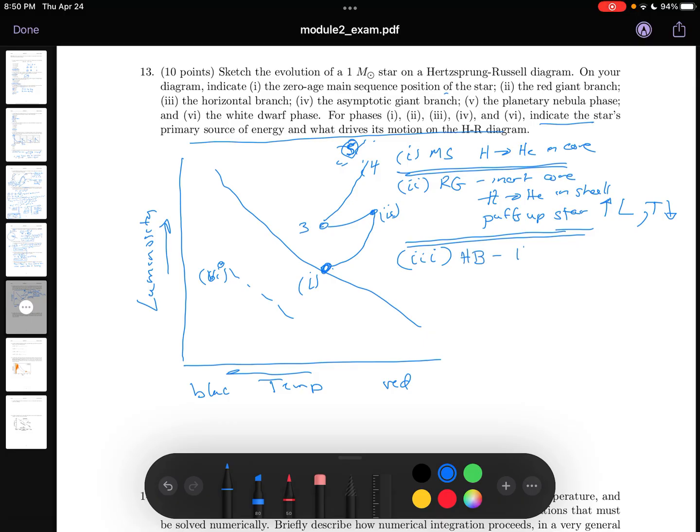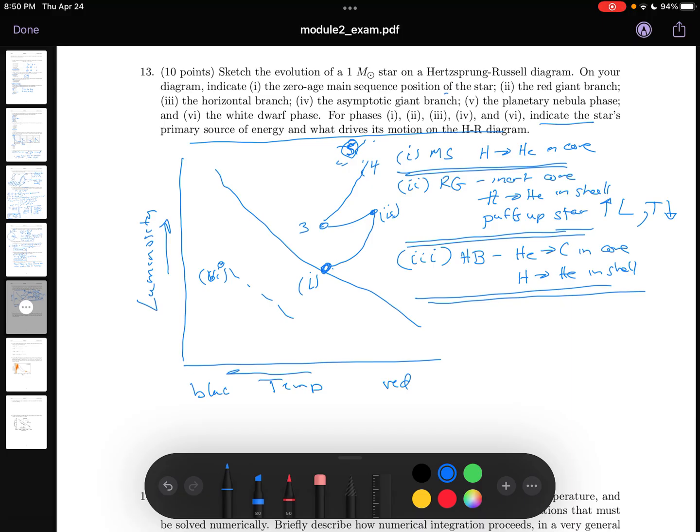So in this case, we have helium going to carbon in the core, and probably still a little shell of hydrogen going to helium. Okay, and then it's basically like a mini second main sequence, a fairly stable reaction.